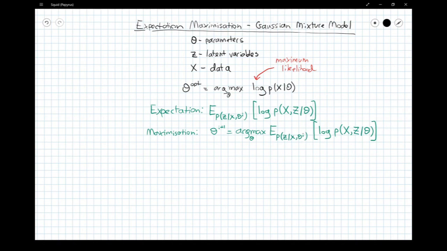So it means that if we follow this expectation maximisation step and we repeat it again and again, loosely speaking, our estimate of theta has to get better at each iteration before it converges. So today we're going to look at how that's applied specifically to a Gaussian mixture model.